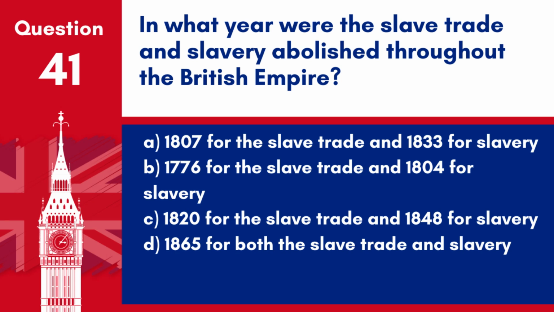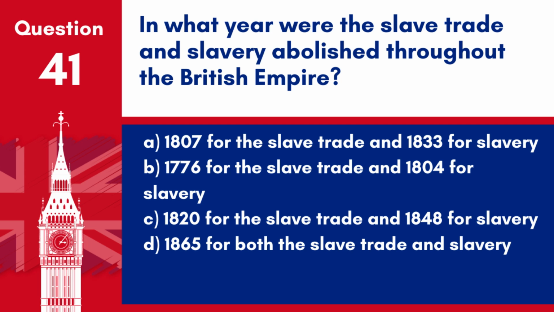Question 41. In what year were the slave trade and slavery abolished throughout the British Empire? A. 1807 for the slave trade and 1833 for slavery. B. 1776 for the slave trade and 1804 for slavery. C. 1820 for the slave trade and 1848 for slavery.